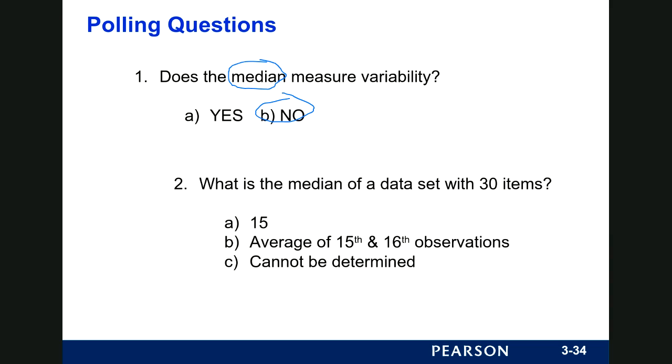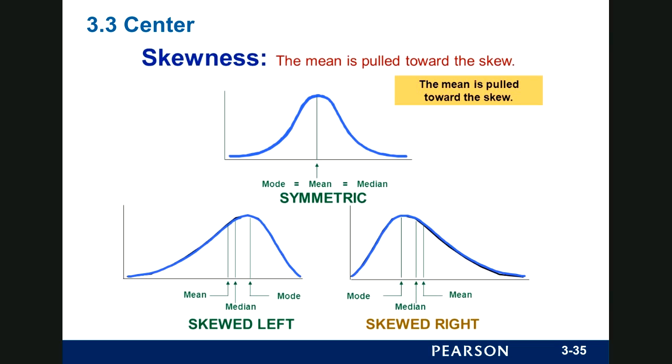Okay. Moving on. The next slide is still about center, so still dealing with mean and median, but now we are looking at skewness. So either your distribution is symmetric or it's skewed. That means left skewed or right skewed.